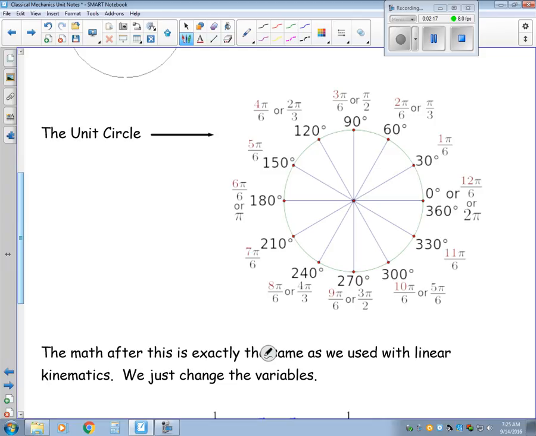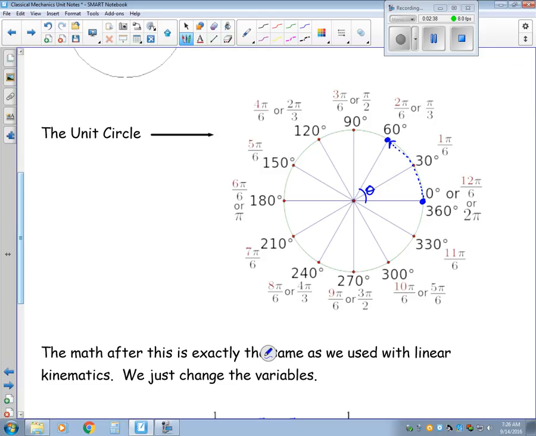So for instance, if something starts at this point right here and stops at that point, so it goes through an angle here. Looking at that, you can see that the angle is 60 degrees.